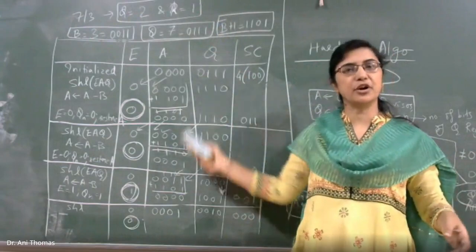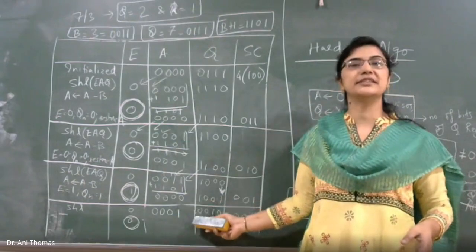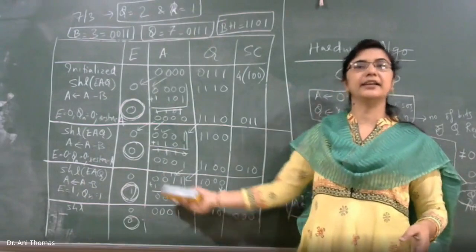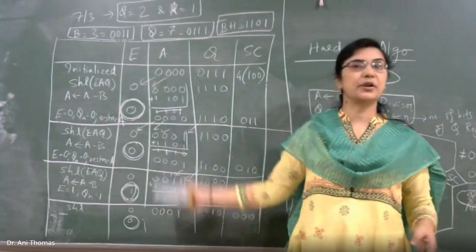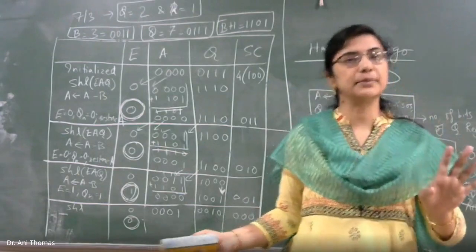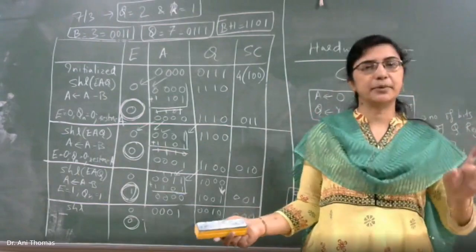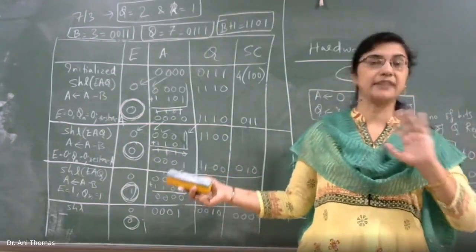So after doing all these operations, you see your result. In Q register you will get the quotient and in A register you will get the remainder. So this process is an efficient one, and works exactly for all numbers, whether negative or positive.